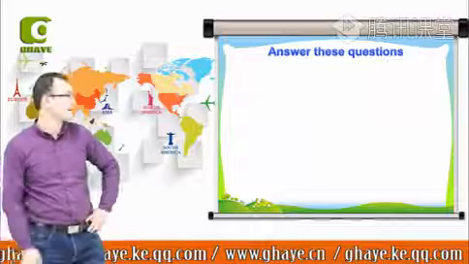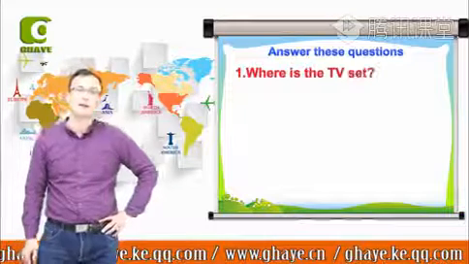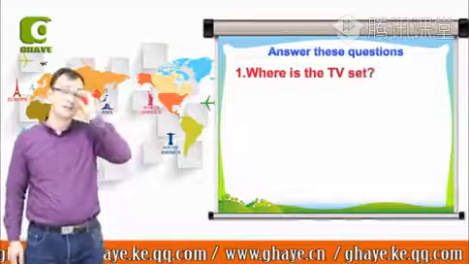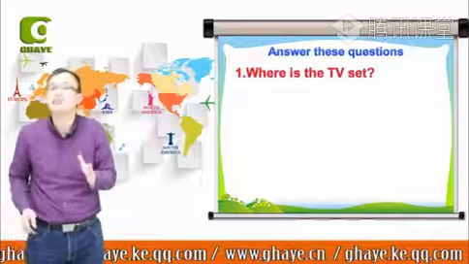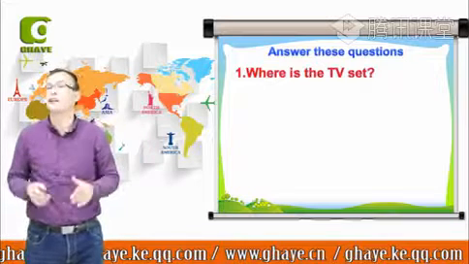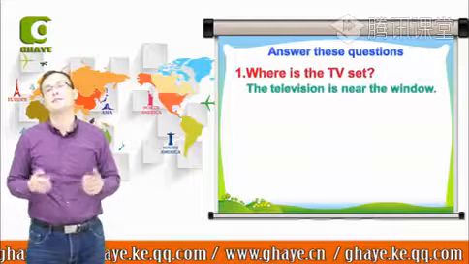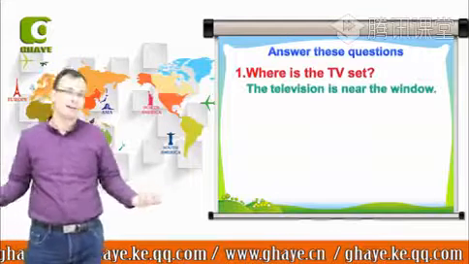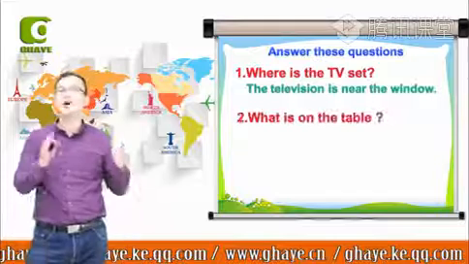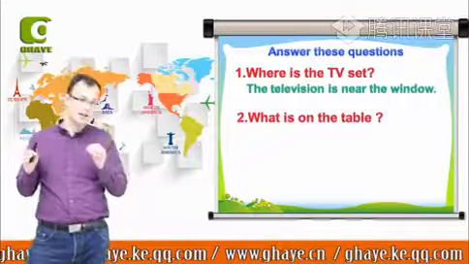Answer these questions. So, where is the TV set? The television is near the window. Second question: what is on the table?